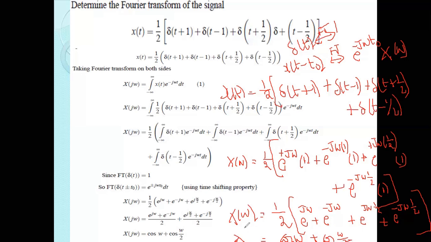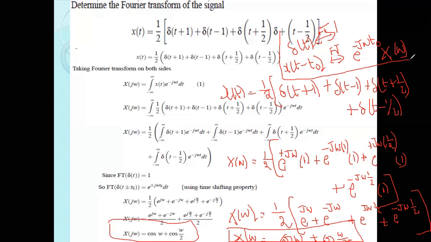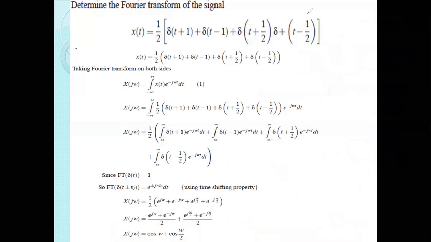So x of omega is equal to cos omega plus cos omega by 2. Got it, my students? By using these two properties, the Fourier transformation of the delta function is 1, and the Fourier transformation of the shifted function is e power minus j omega t naught. Here the minus means the negative exponential; if it is a plus, it means the positive exponential.